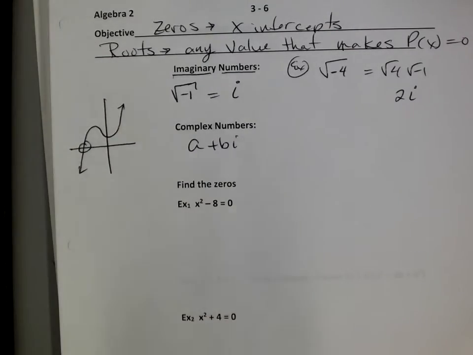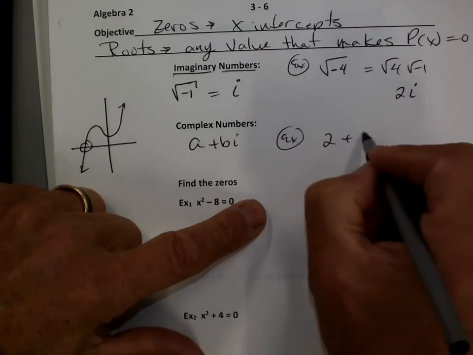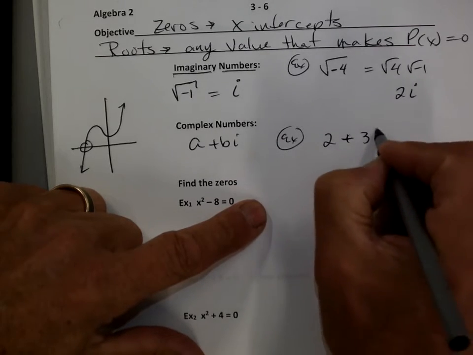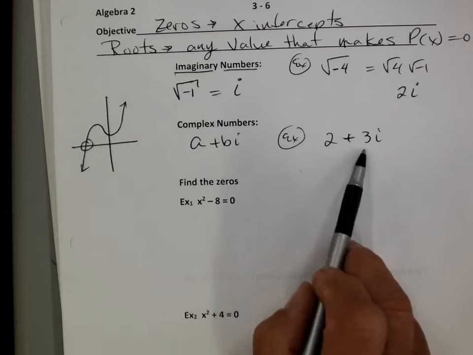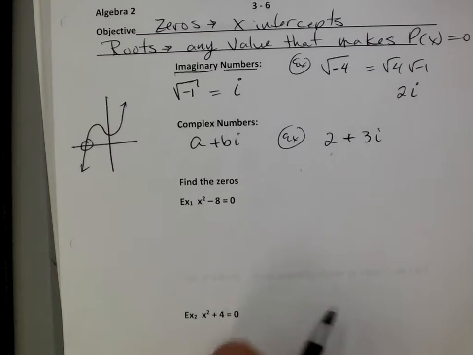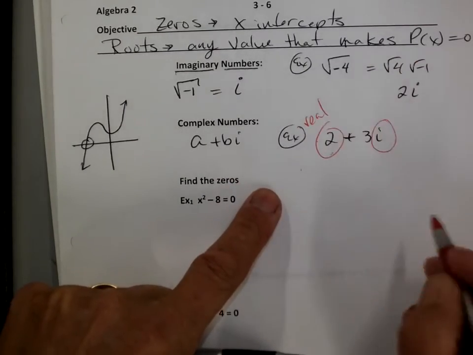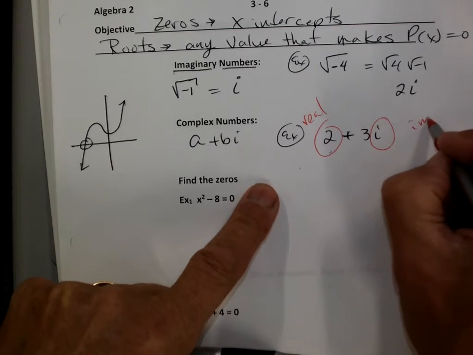That's the true form, but as an example, we might have something like 2 plus 3i. Okay, that's a complex number because this part of it's a real number. Here, let me get a different color so you guys see this. Okay, that's a real number because 2 is a real number, and then the i is my imaginary.